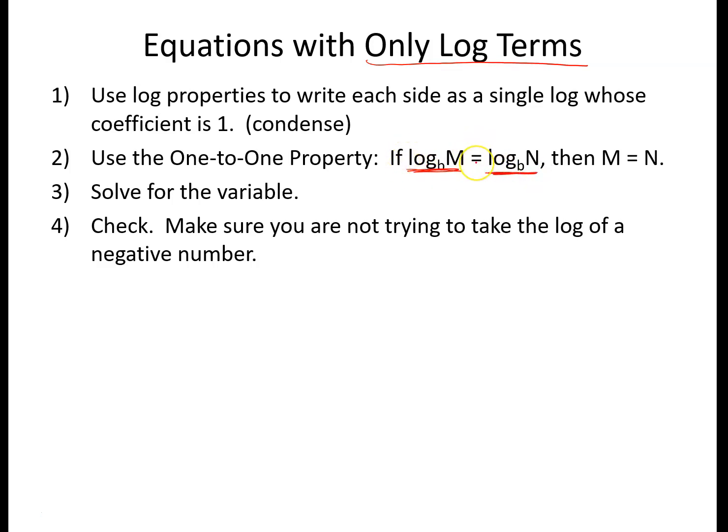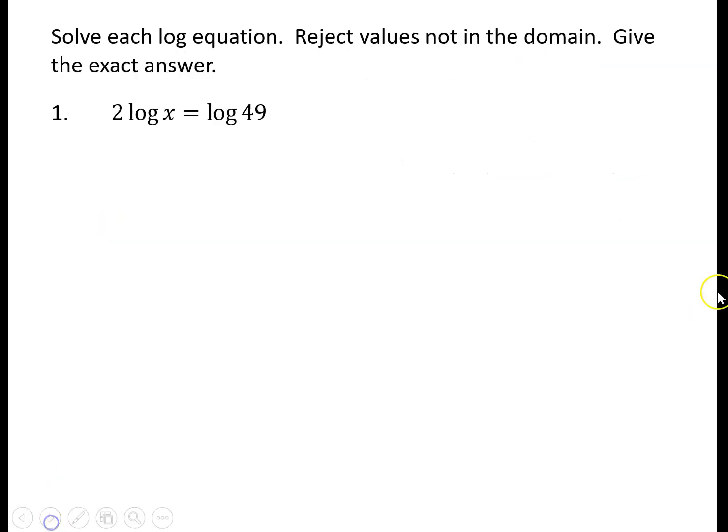They both need to have 1s in front. Then you can use the 1-to-1 property. So if log of m equals log of n, then we know m must equal n. And we can just set this equal to this and solve. And we still have to check as far as taking the log of a negative number. So let's try it.